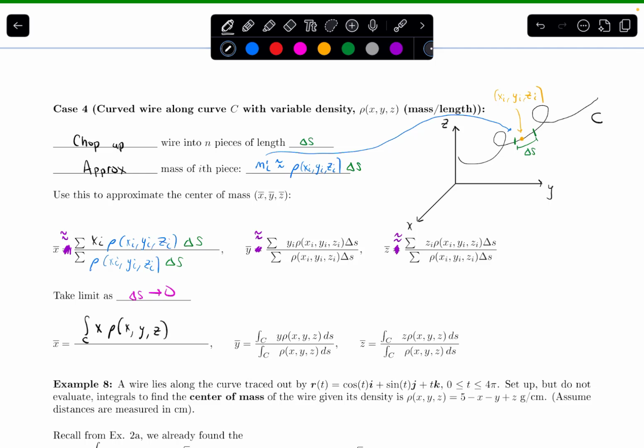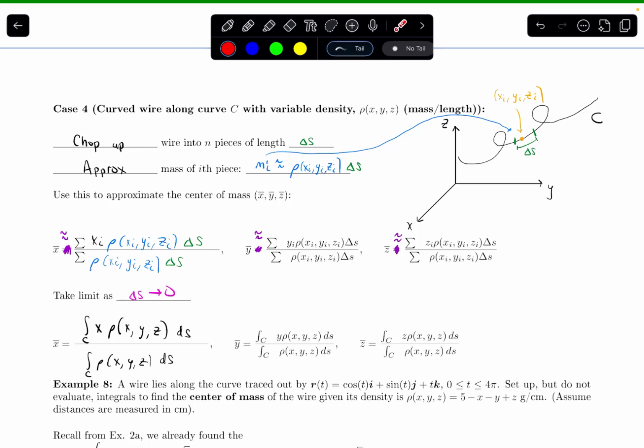The delta s becomes a ds. Same sort of thing on the bottom. I'll get a line integral over my curve, and I'll get my density, so x, y, and z. My density function's rho of x, y, z. And then the delta s becomes a ds.